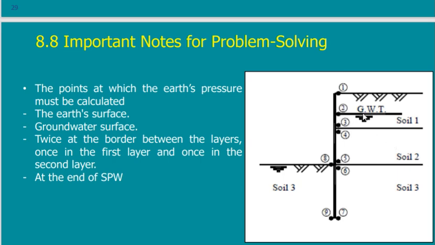If I have a level of water, then above the level of water I have gamma bulk. But if I go below, then I will need to use, as you remember from the previous year, effective and total stresses.